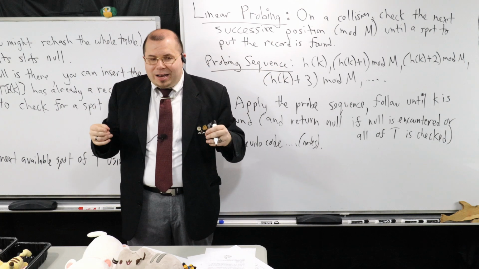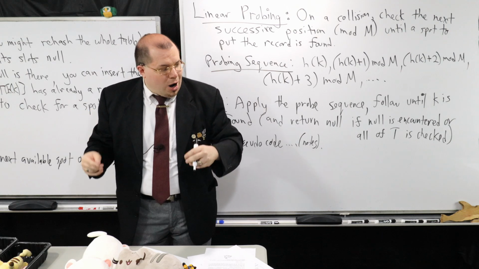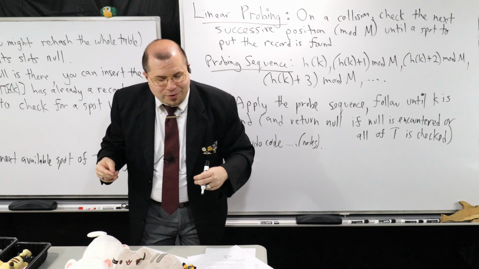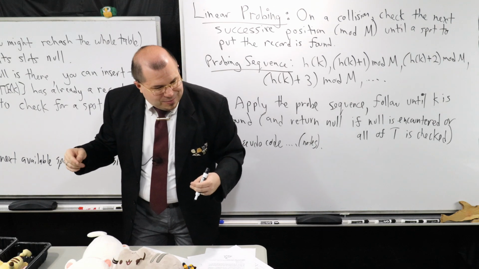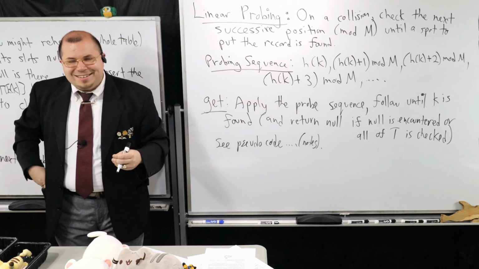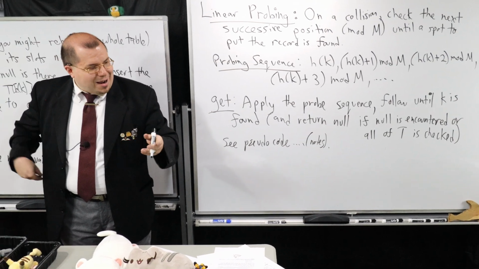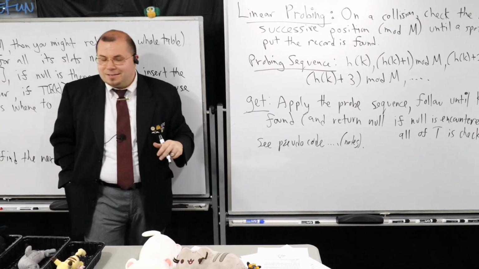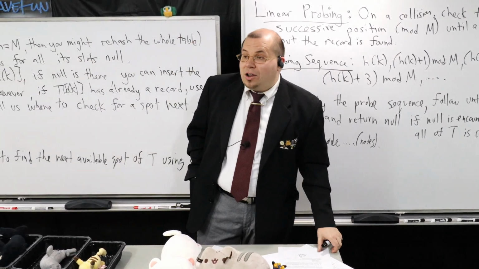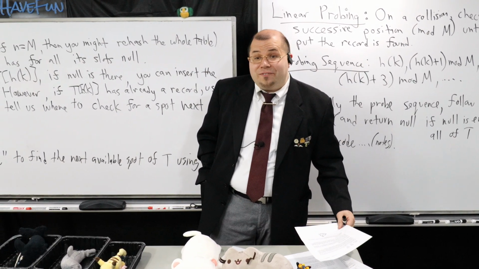If I do not find it there, I hop to the next spot over, to my right. And if I don't see it there, I hop to the next spot, and I wrap around the table if necessary. But if I hit a null, that means nothing's there. It means the bunny fell into a hole.